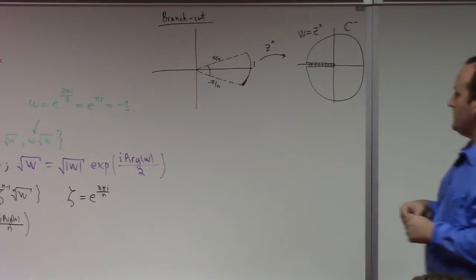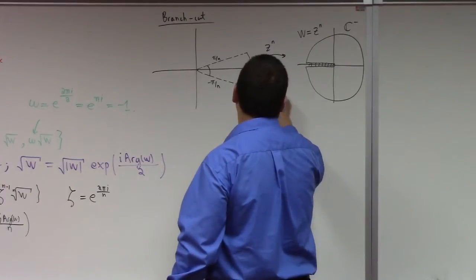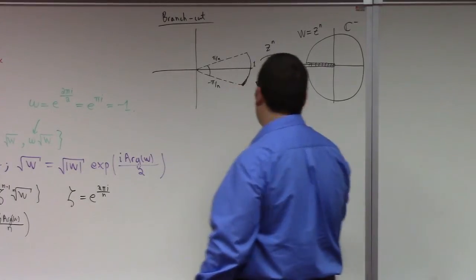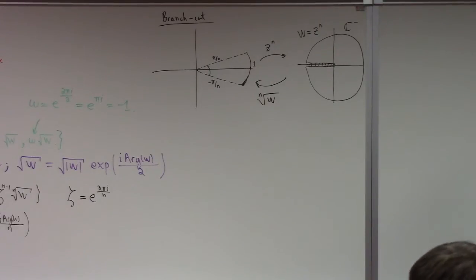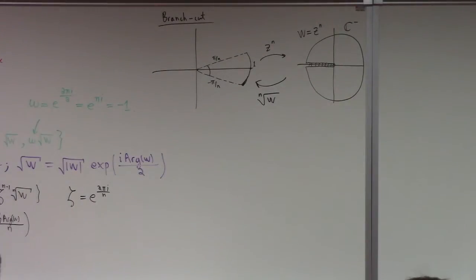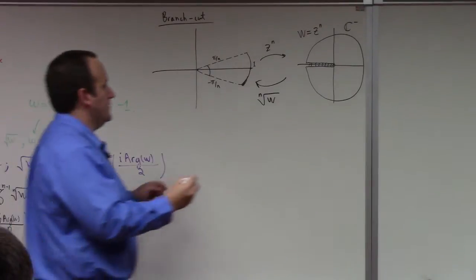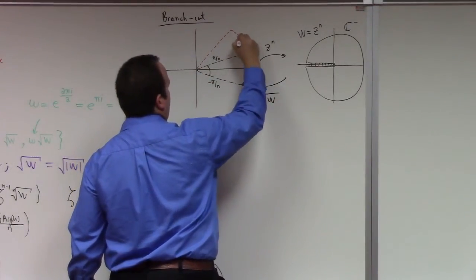So the inverse map here is the principal square root. I said square root, I mean principal nth root. Now, if instead I looked at another wedge, maybe this one up here, right?